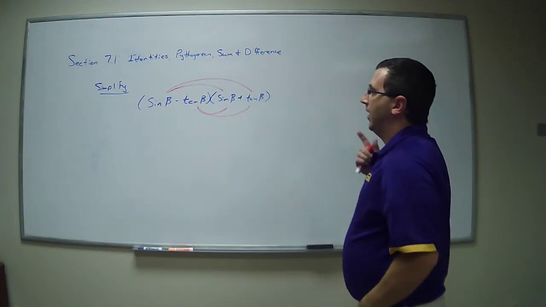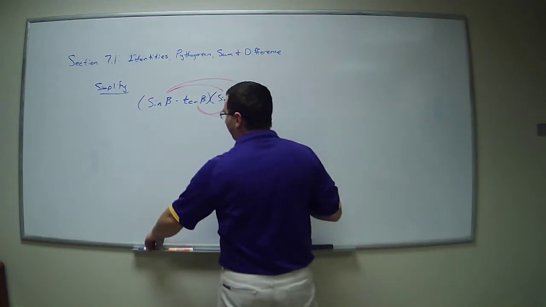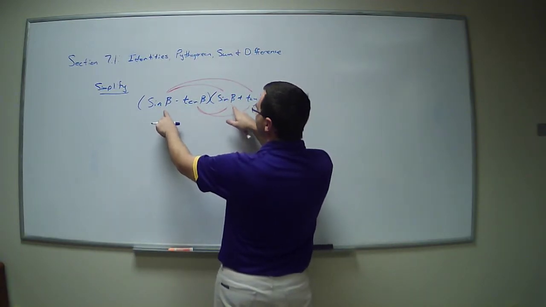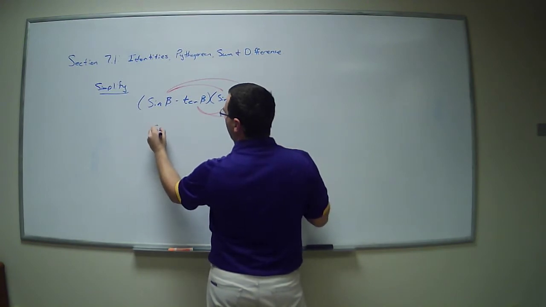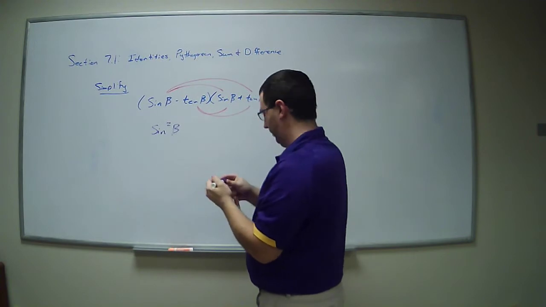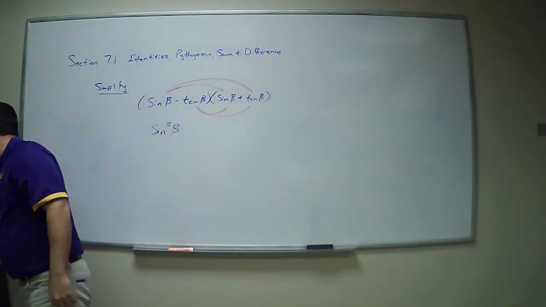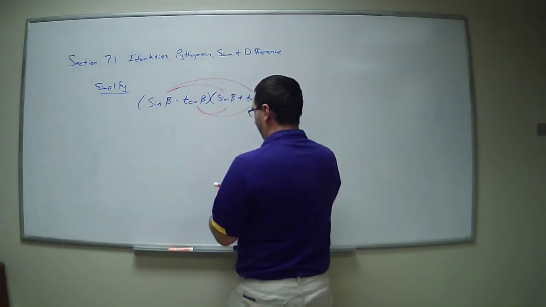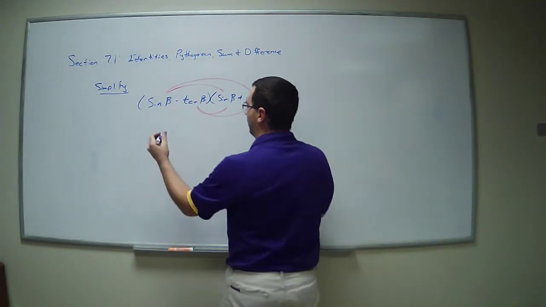All right? So when we FOIL these guys out, what we get is sine times sine, which would be sine squared beta.